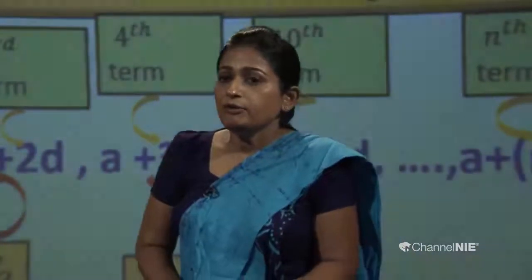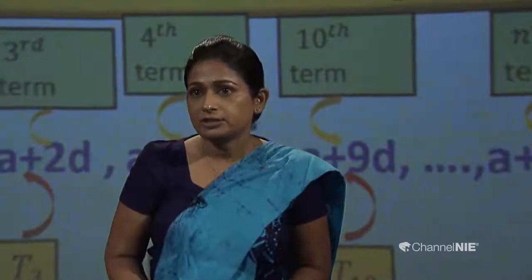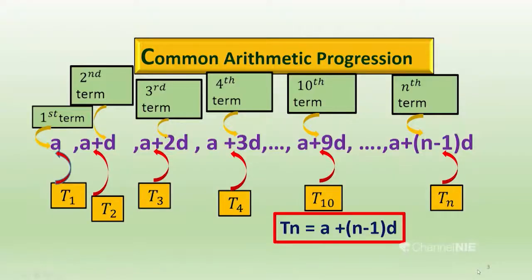Like that, we found the common arithmetic progression. The last term, the nth term, is a plus (n minus 1)d. Using that we derived the general term: Tn equals a plus (n minus 1)d. Those are the things we learned in our previous part.